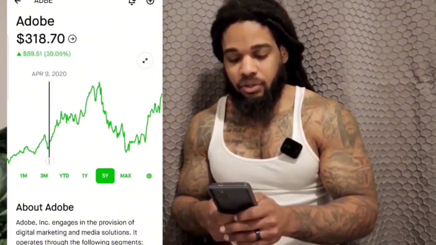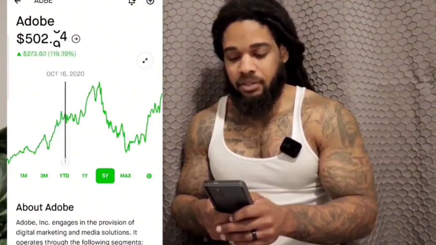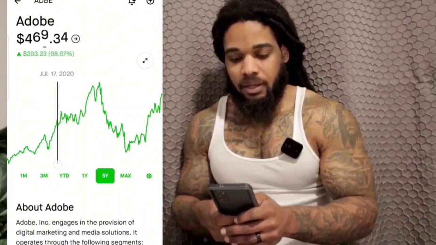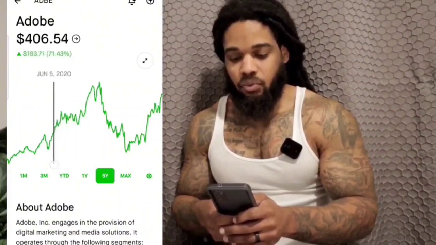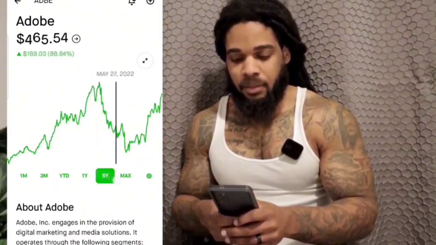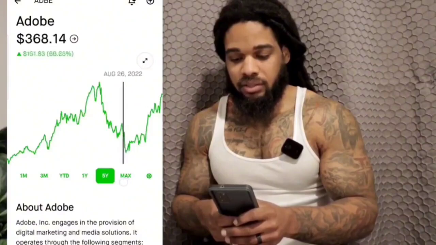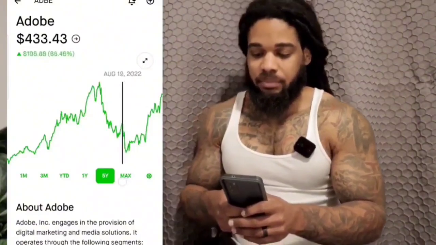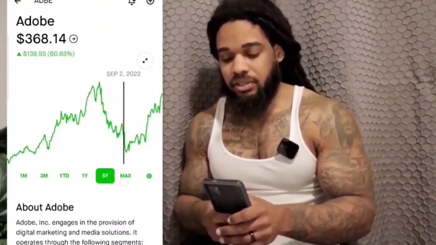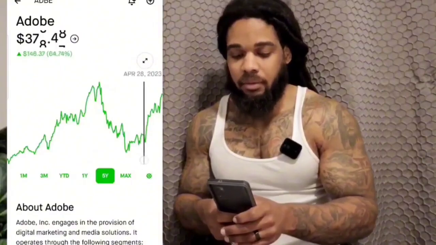And if you look at the chart right now, you can see that it has just been up from about May 2020 to about August or September 2022. So that's a long time, guys. So the potential that the stock was going to go back up is very high in my opinion.